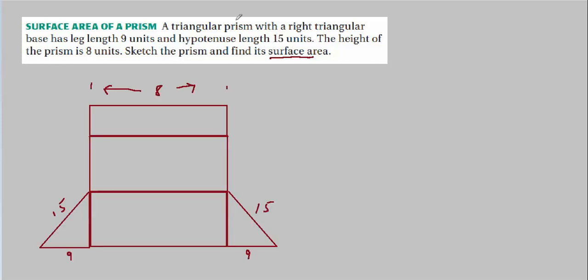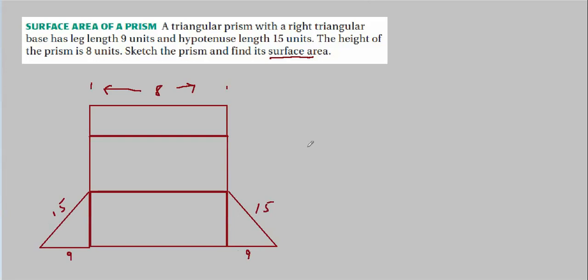In this case, I think it's easier to draw the net with the triangles on each end. Just let them come right along with it as you fold it up. I don't see anything wrong with that. We have the hypotenuse and one of the legs. We don't have this one yet, but that's pretty easy, right?